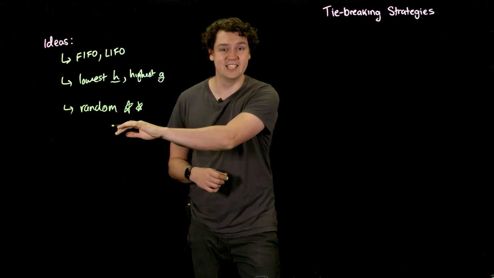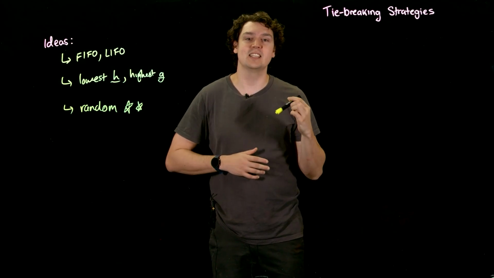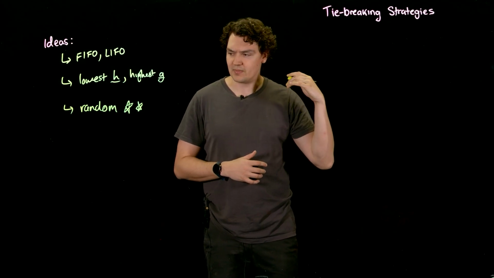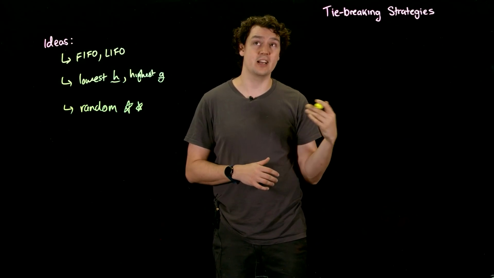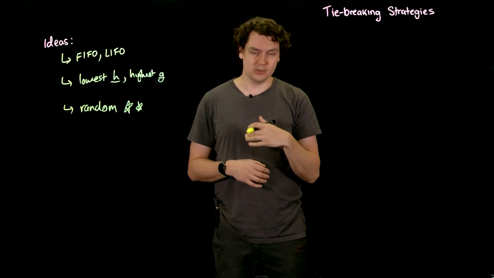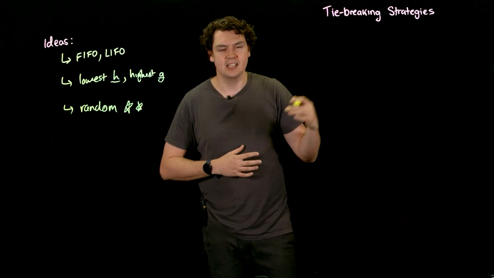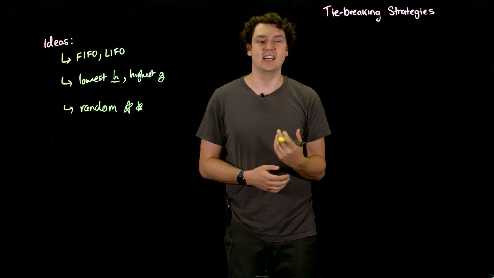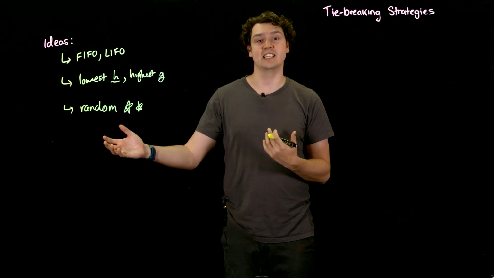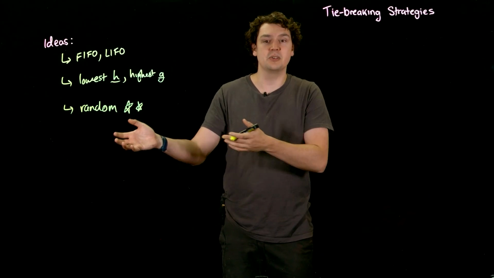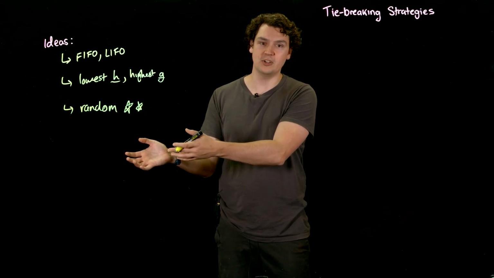Then the second strategy is the third one in our list, random tie breaking. Okay, random. So this one I think is really interesting to talk about, and I think is at first counterintuitive. When I ask you to come up with a strategy to do something, which of these do you think is going to be best? I think as humans it feels silly. Intuitively this should perform poorly.